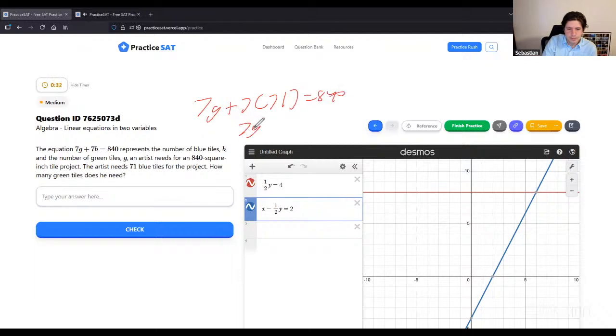So it's going to be 7g plus 497 equals 840. Then we're going to subtract. We're going to get 7g equals 343. G equals 49.